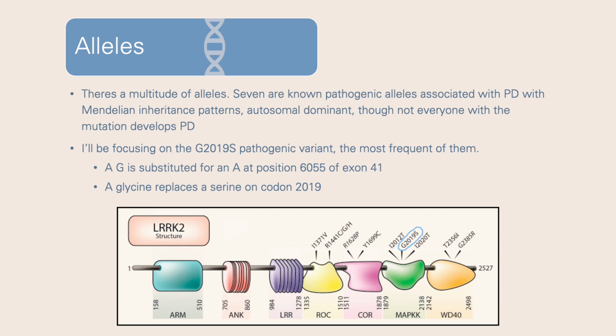With this specific variant, a guanine nucleotide is substituted for an adenine at position 6055 of exon 41. This causes a glycine to replace a serine on codon 2019, hence our name, G2019S. Down below, I once again have our gene structure, and you can see circled in blue where exactly our mutation is.